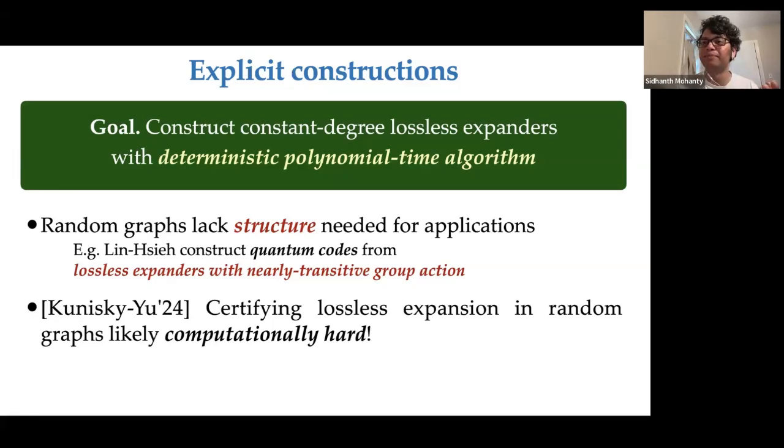So I could give you a random graph, or I could give you a graph where I adversarially planted a non-expanding set, and you likely won't be able to tell them apart. So it's quite interesting that it's plausible that you might be able to construct an object which supposedly exists everywhere, but checking whether it has this property of lossless expansion is hard.